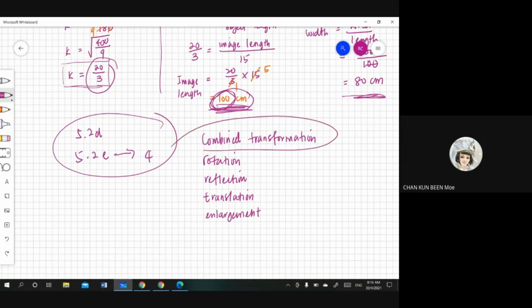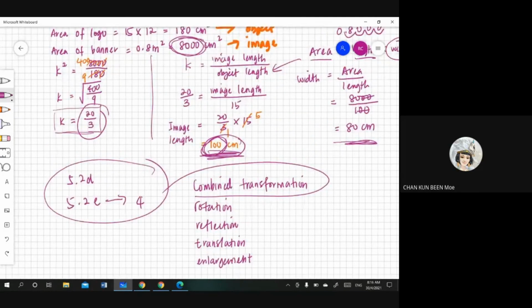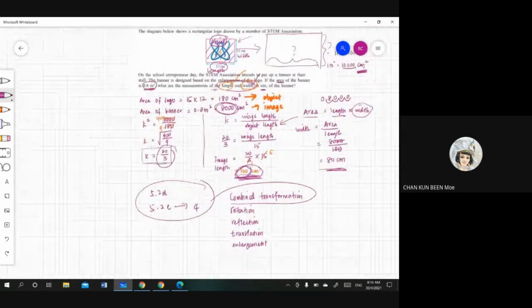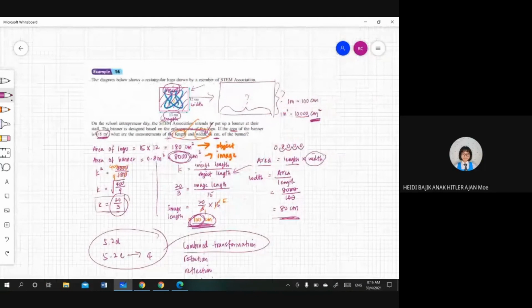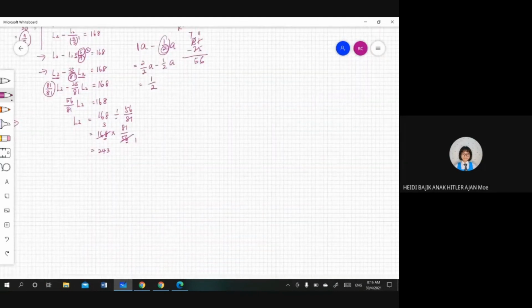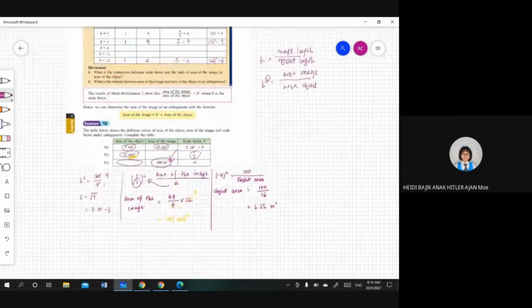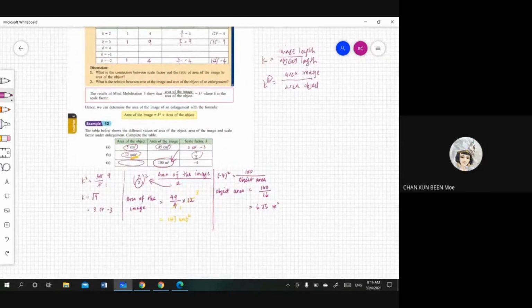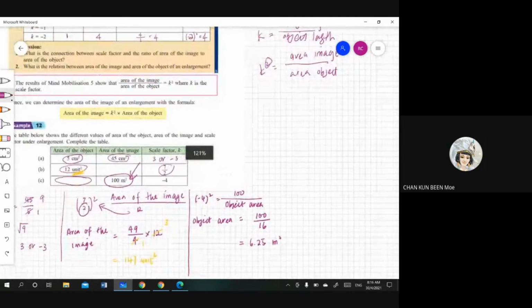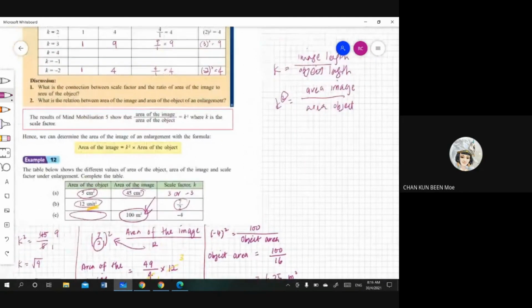transformation. Okay, before we end the lesson, what did you learn today? One more time. How to find K squared. Okay, correct. How do you get the K squared? So K squared is the scale factor squared.